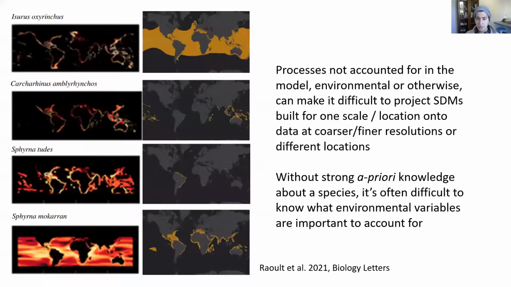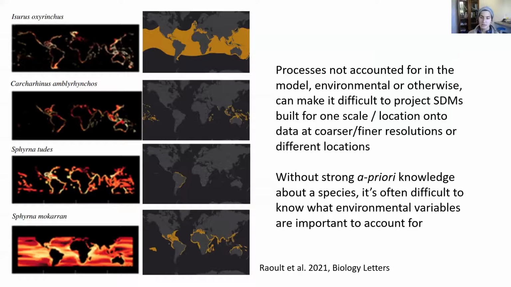And when we don't account for important processes in the model, we can end up with species distribution models that are very poor at characterizing the geographic range of our species of interest. Here's an example from a paper published last year, which was itself criticizing the use of SDMs in another recently published paper. The authors of the original paper built tons of different shark species SDMs.